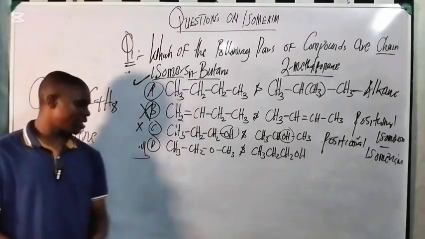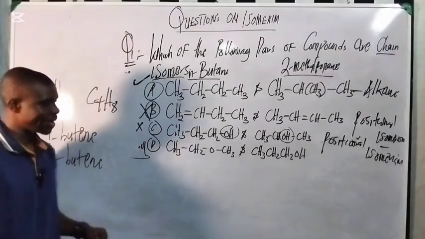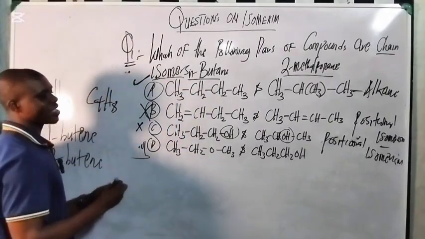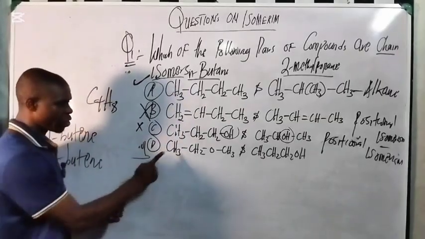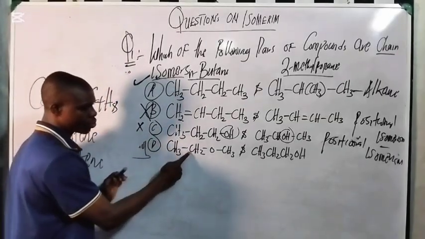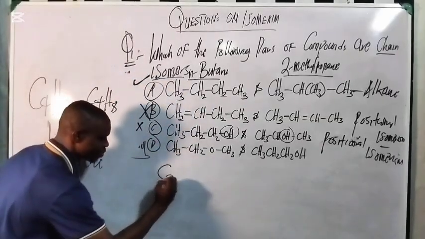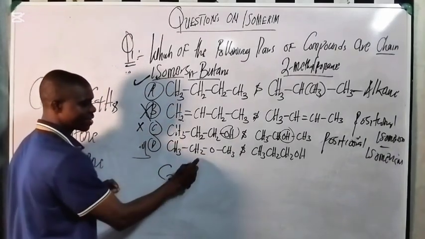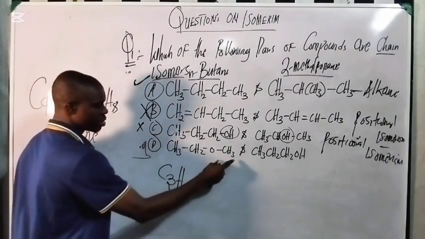Let's look at the D part. Here we have this one here. Now, if you check very well, they have the same molecular formula, because how many carbon atoms do you have here? 1, 2, 3. C3H. How many hydrogen? 5, 6, 7, 8.